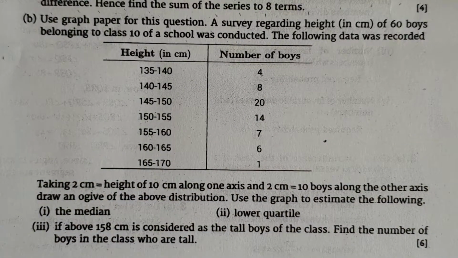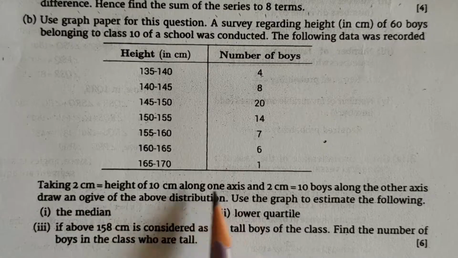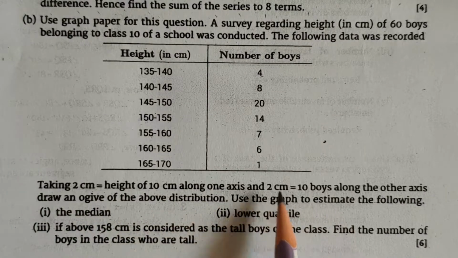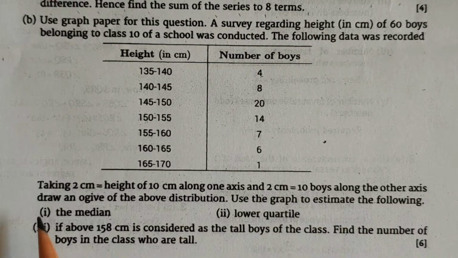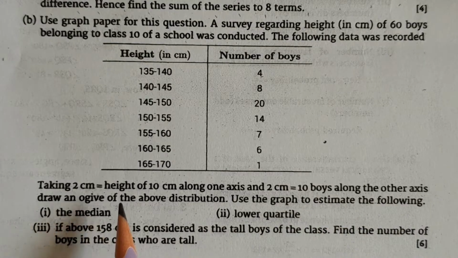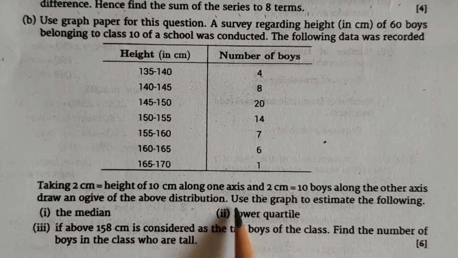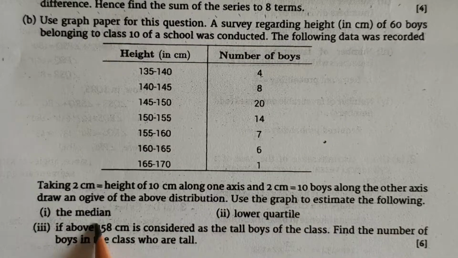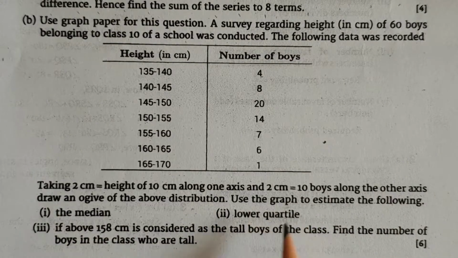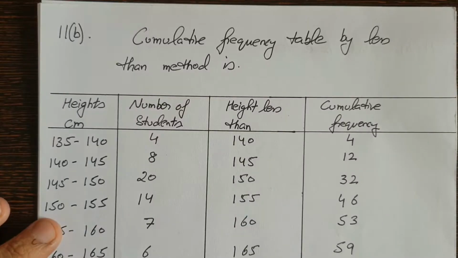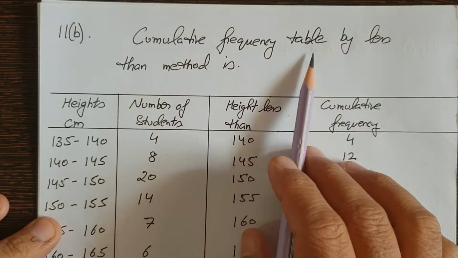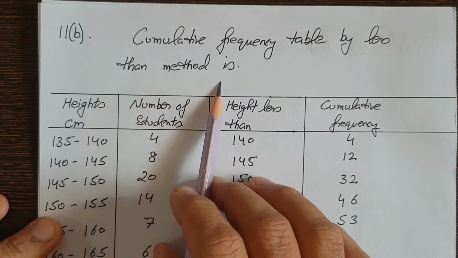Now taking 2 centimeters equals height of 10 centimeters along one axis and 2 centimeters equals 10 boys along the other axis, draw an ogive of the above distribution. Use the graph to estimate the median, the lower quartile, and if above 158 centimeters is considered a tall boy of the class, find the number of boys who are tall.